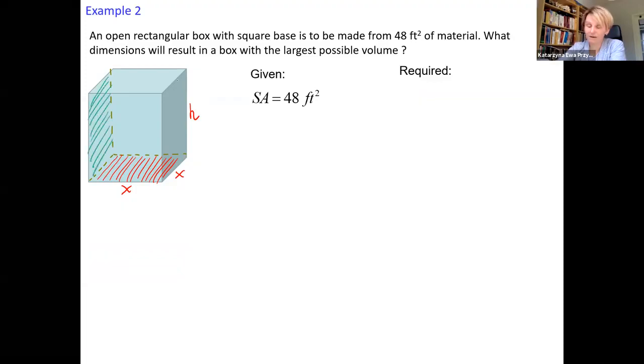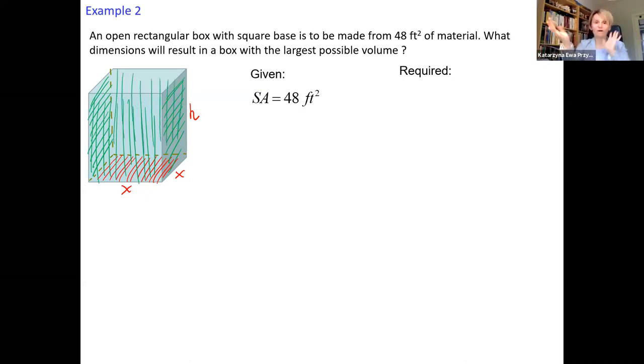X times H, another X times H, another X times H, and the back side, X times H. We do have 4 walls, X times H, base times height. X squared plus 4 times X times H.